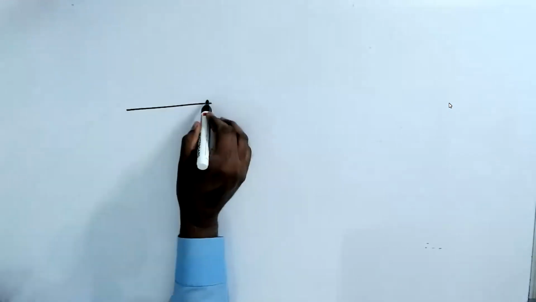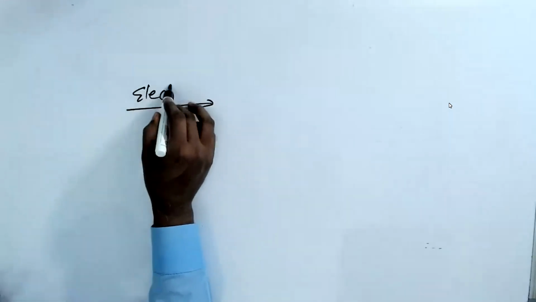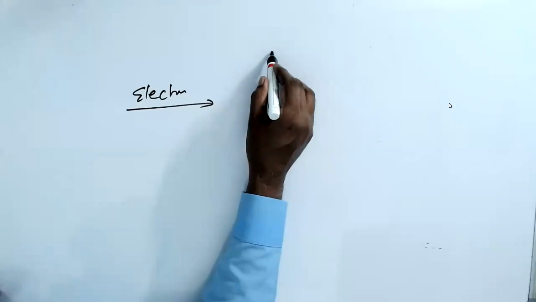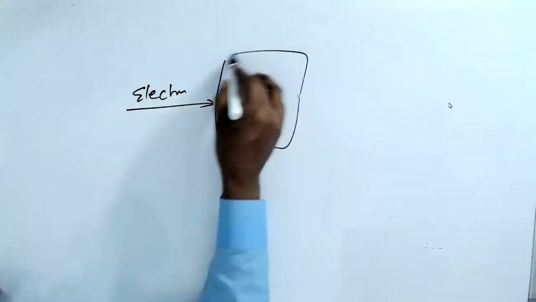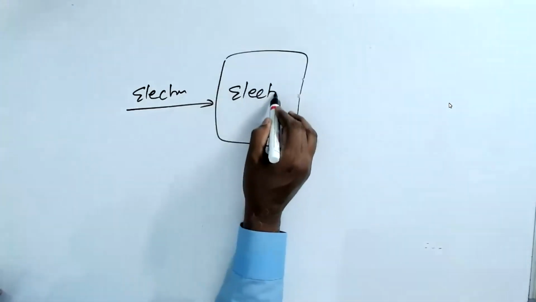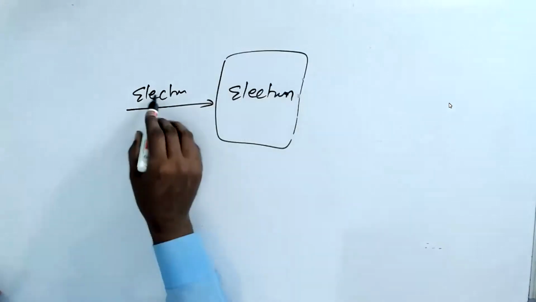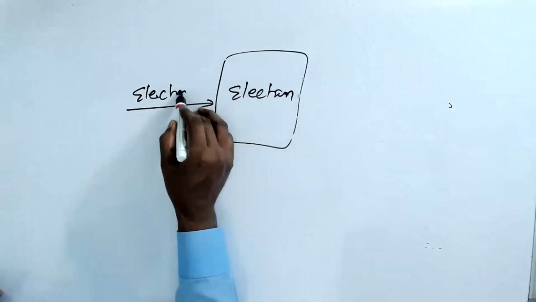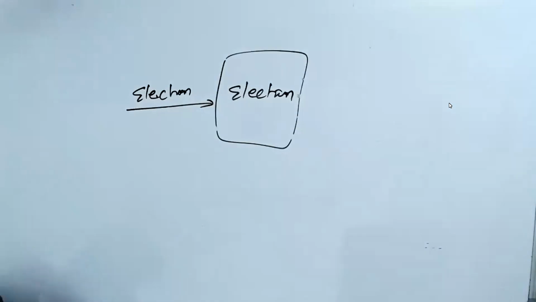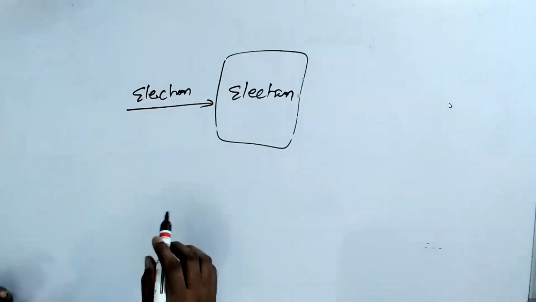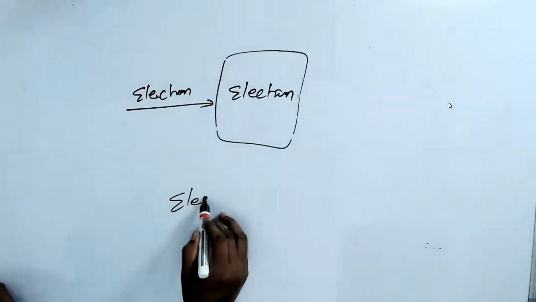What they want is electron to control electron. Electron directly controls electron, with nothing in between. That's why they gave the field itself the name electronics.